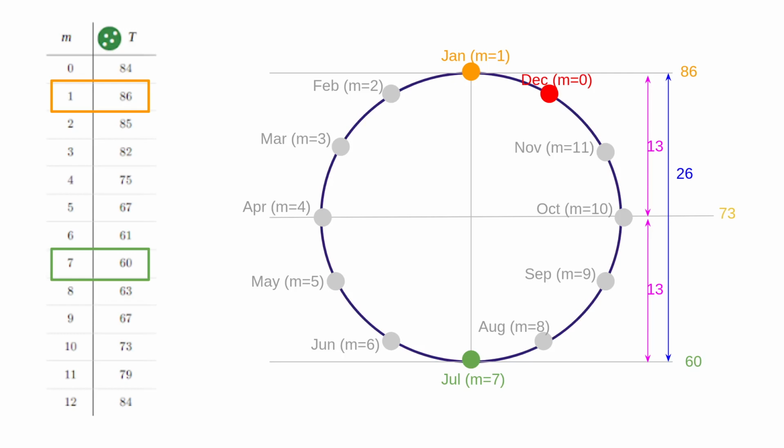We see April and October are right on that middle line. And if we look at our table, the average high monthly temperature in April, month 4, is 75, which is pretty close to 73. And in October, month 10, actually is 73 exactly. So this is a good sign that this might be a reasonable model.